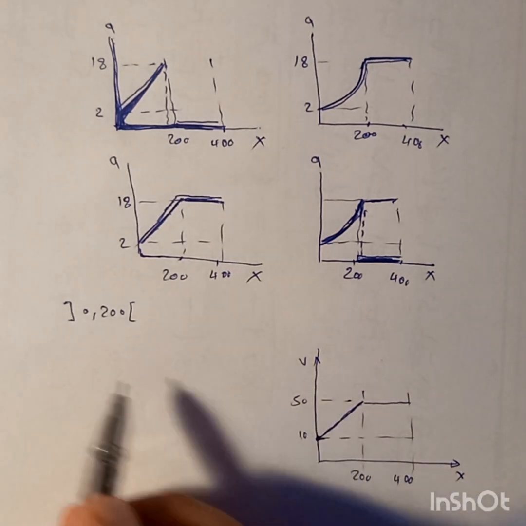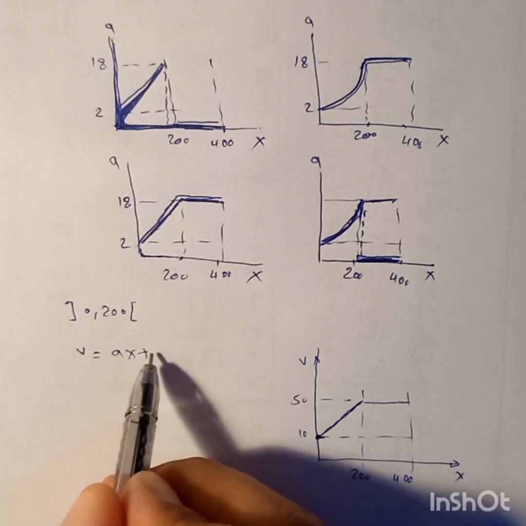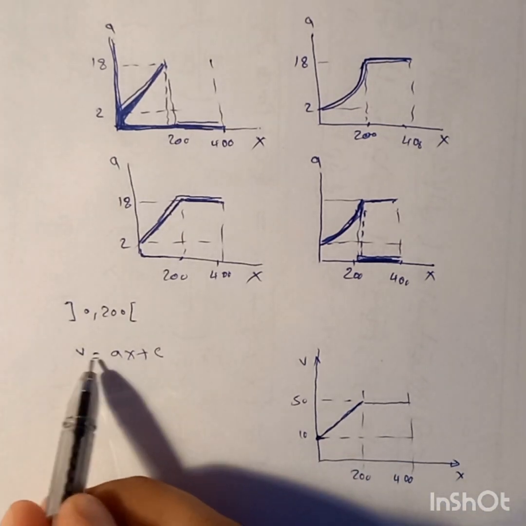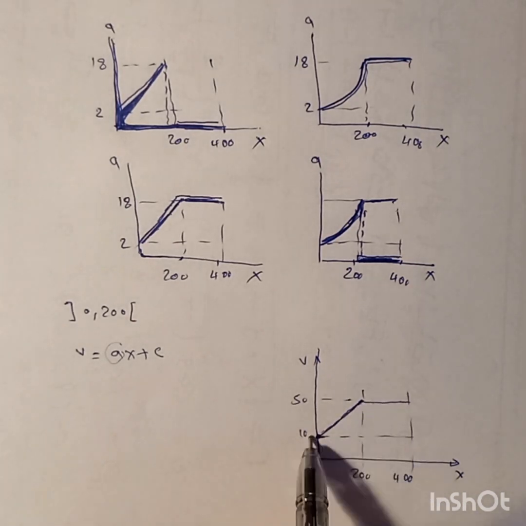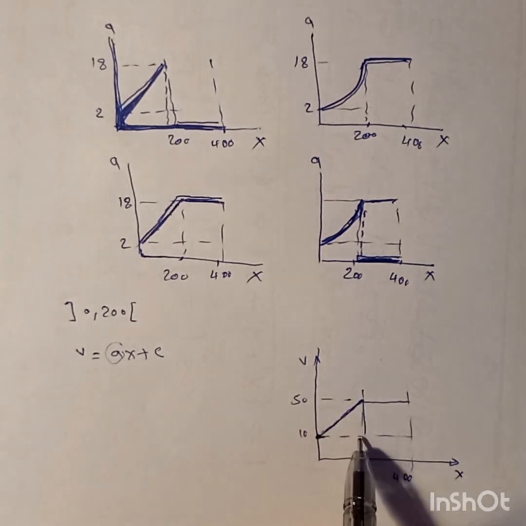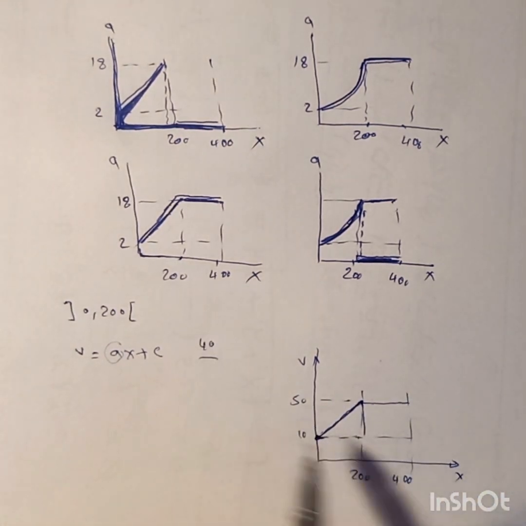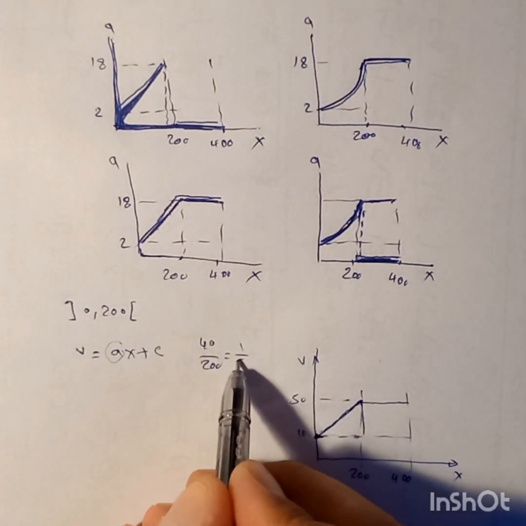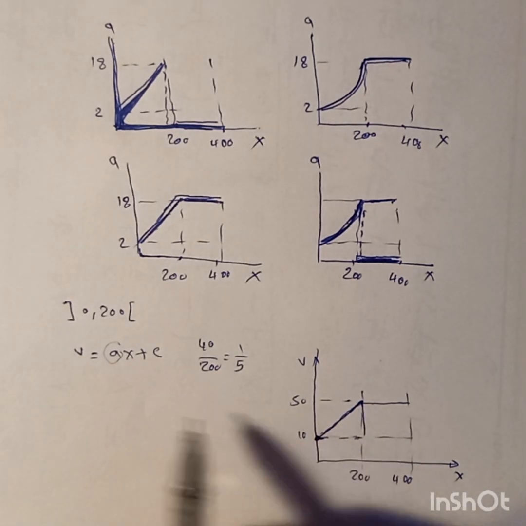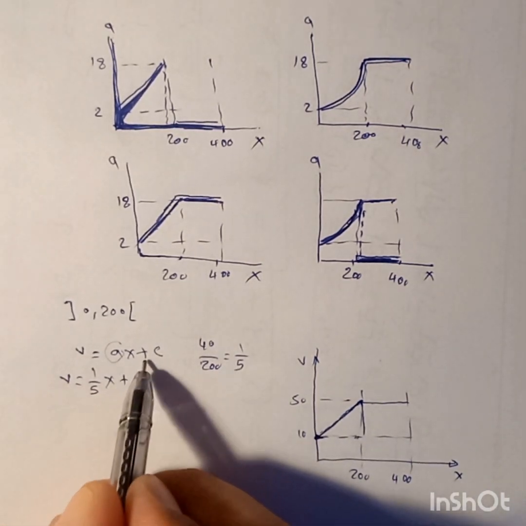Here we have v equals ax plus constant c, as a is the slope of this straight line. The slope is this distance divided by this distance, which equals 40 over 200. Then we have 1 over 5 as the slope. Then v equals 1/5 x plus c.